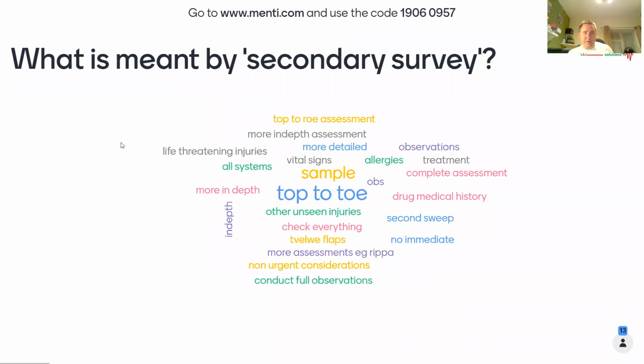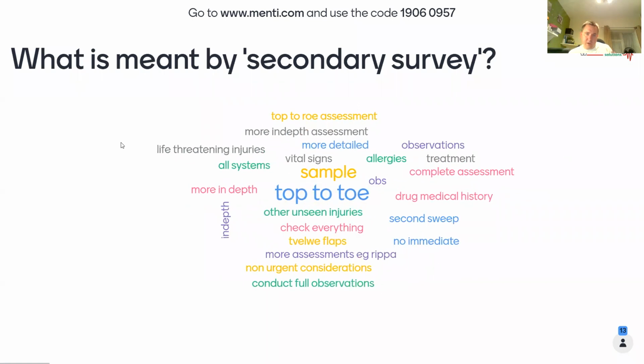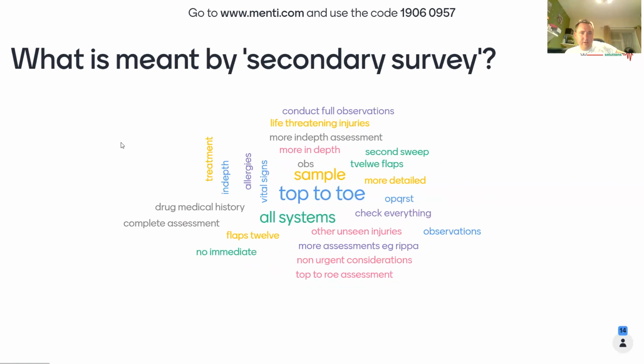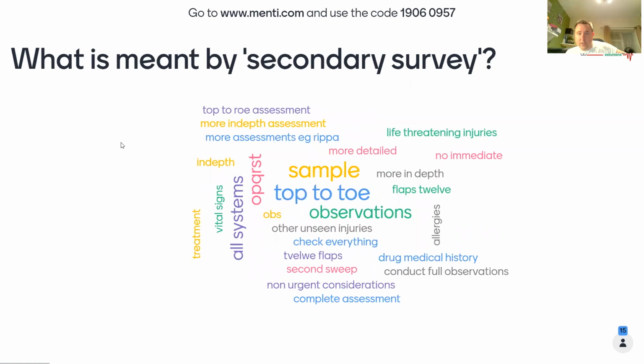So sometimes your primary survey is going to miss things, but that top to toe that a lot of you are saying is absolutely what that's for. Really good. Second sweep. Good. Drug medical history, complete assessments, allergies, vital signs. Lovely. Really good answers. All systems, other unseen injuries, non-urgent considerations. I like that. It's a good way of putting it. Head to toe. Great.